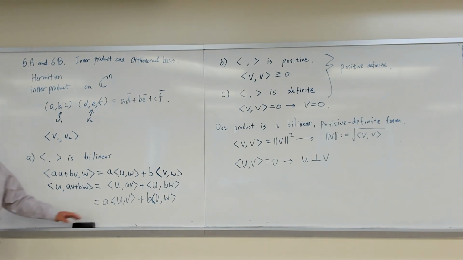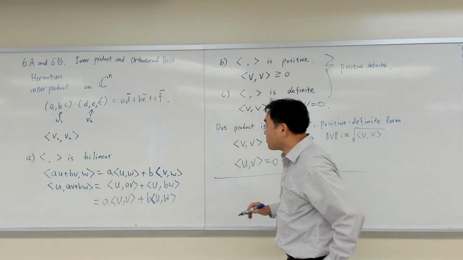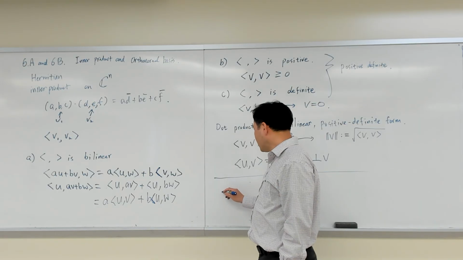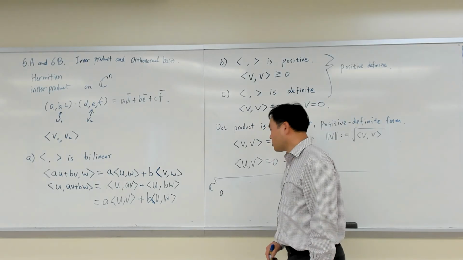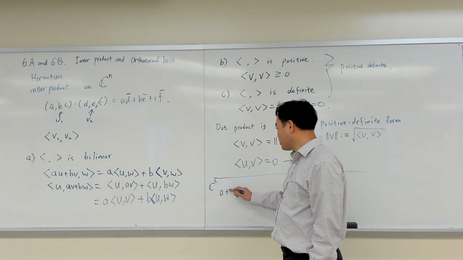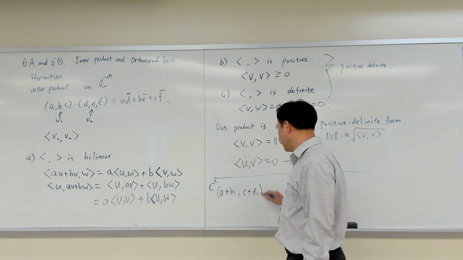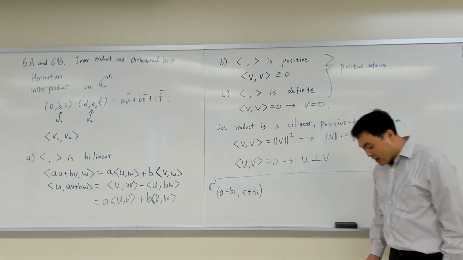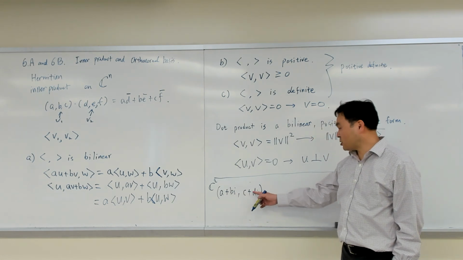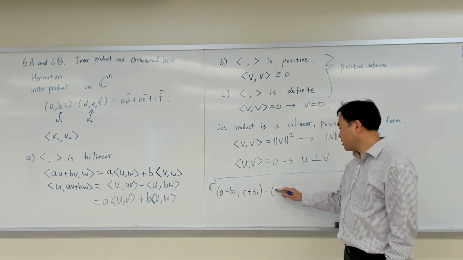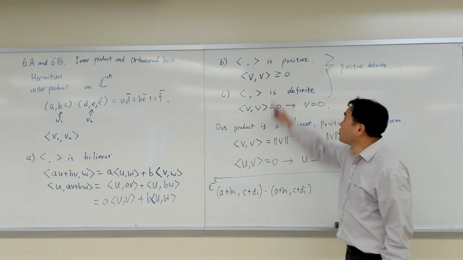Now, what's the purpose of that? Well, let me just do a quick calculation over here. Let's think about C2. So what's a vector in C2? A plus bi, C plus di. Now let's think about what happens if we did an inner product of A plus bi, C plus di with itself, because I want to show you what happens with this condition.